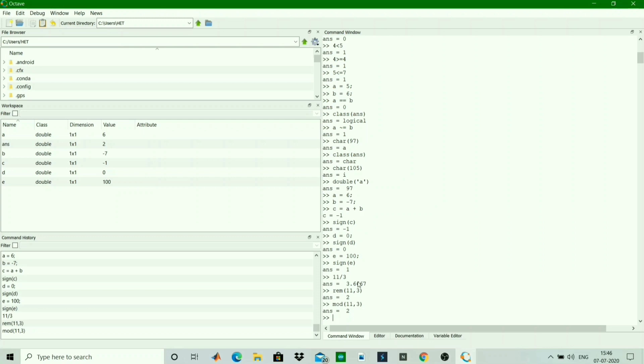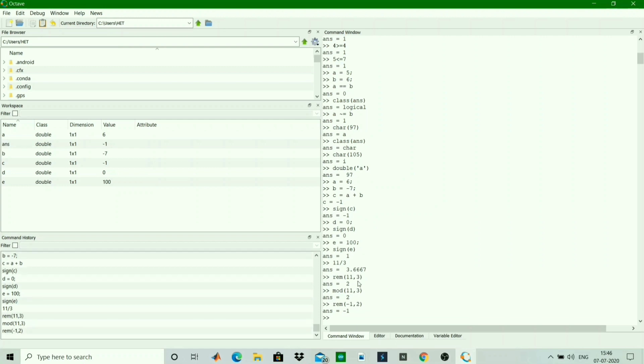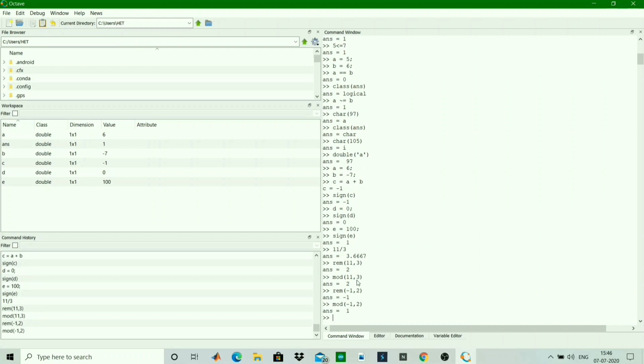But when you use rem -1 divide 2, you'd see that you get -1, but as you always know, a remainder cannot be a negative number, so use mod -1 comma 2, and you would get 1 as an answer. And so we generally use mod for finding the remainder of a division problem, and we do not prefer using rem.